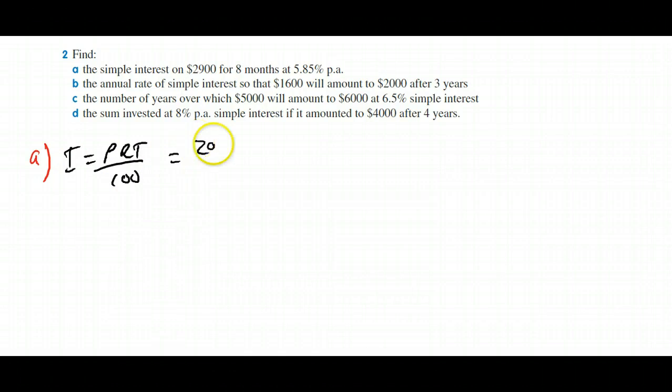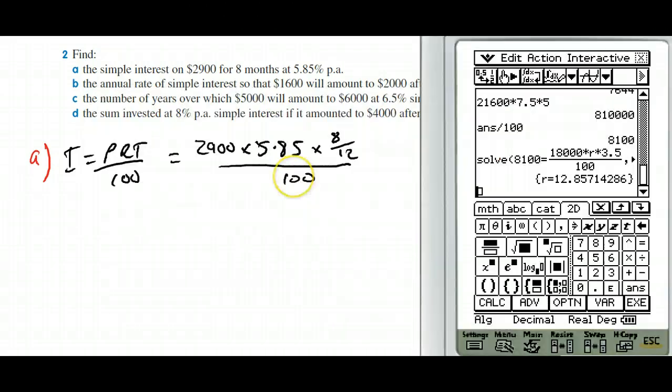Okay, in question 2 it says find the simple interest on $2,900 for 8 months at 5.8% per annum. So that one's going to be easy. For A, it's just going to be I equals PRT over 100. We'll put in our values, 2,900 times 5.85 times 8 months is 8 over 12, divided by 100.